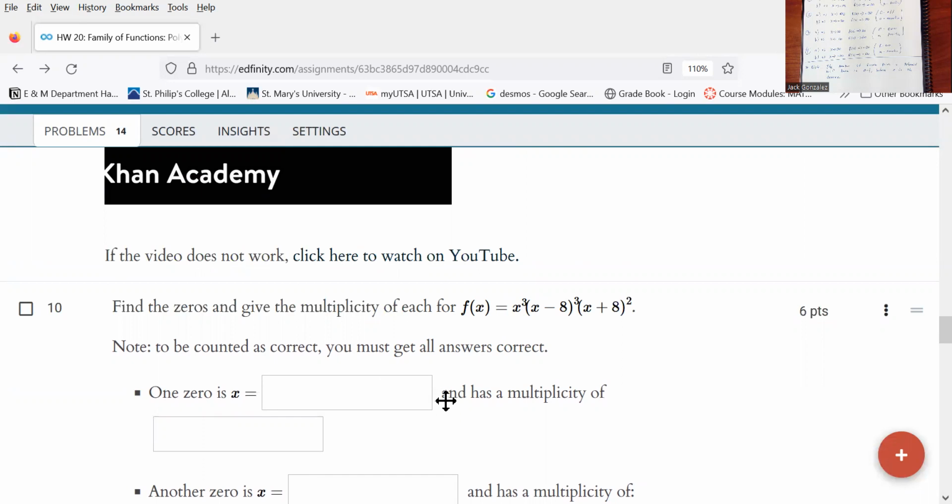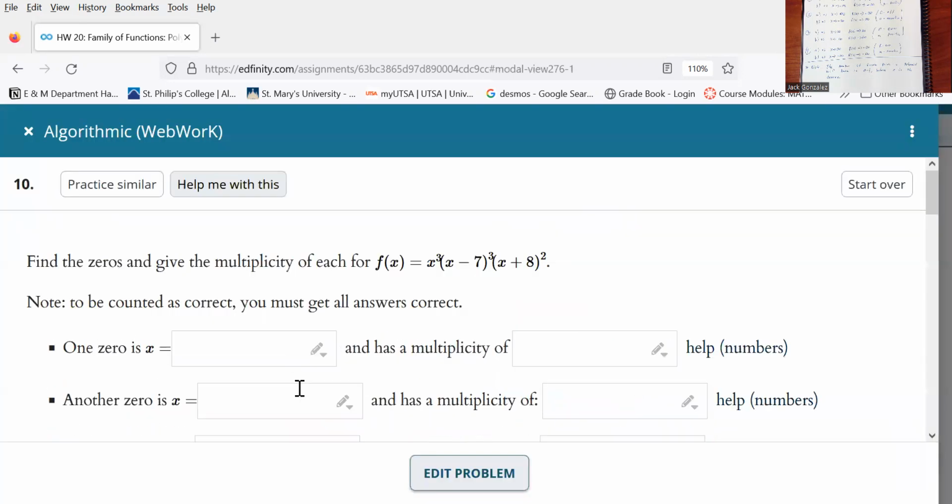So I'm gonna pick the first one, right? 0 is 0. I'm choosing this factor, and it has a multiplicity of 3. That's it. Then for the second one, it would be another 0, so choose one. 7 for this one, right?